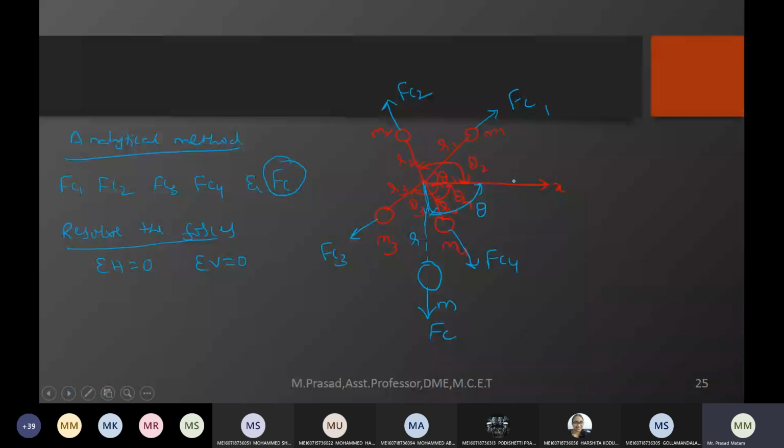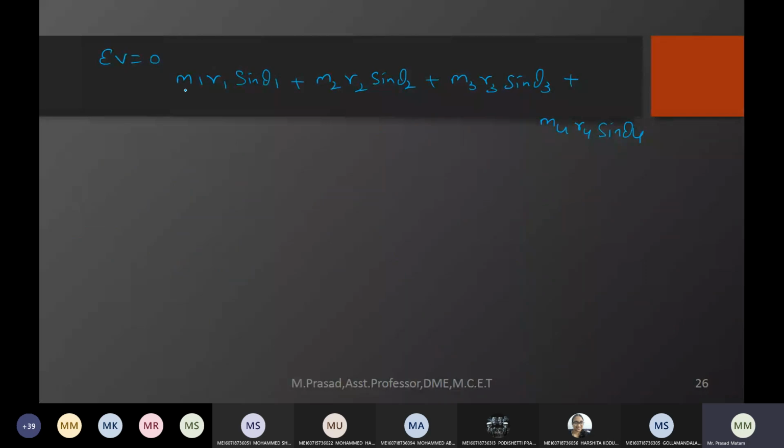Initially, I am having the 4 disturbing masses M1, M2, M3, M4. Due to them, I am getting centrifugal forces Fc1, Fc2, Fc3, and Fc4. My aim is to find out the balancing mass M, at what radius it has to be fixed, and at what angle with respect to the x-axis. So for this, I am resolving the forces along the vertical axis.